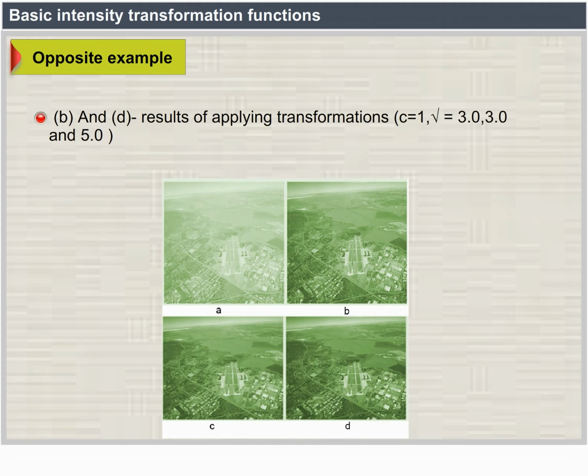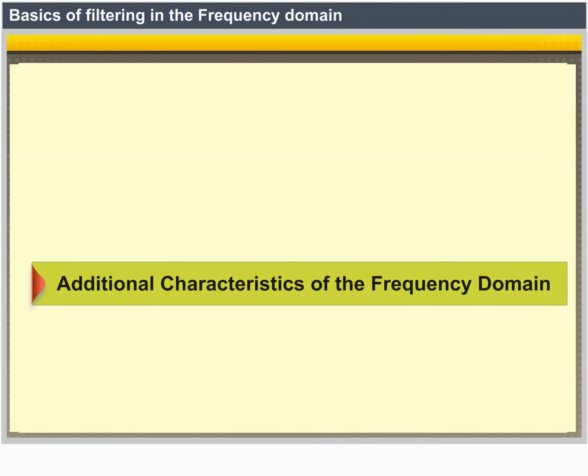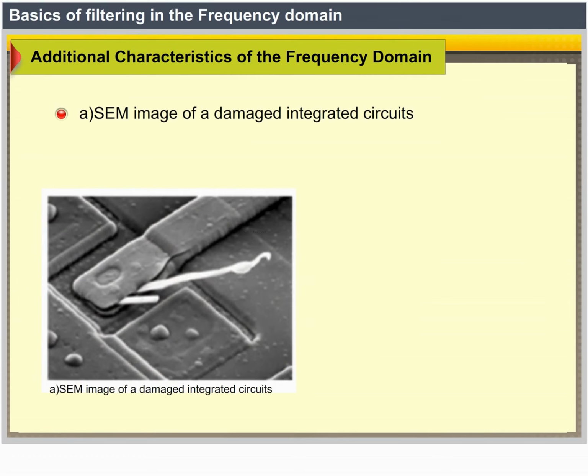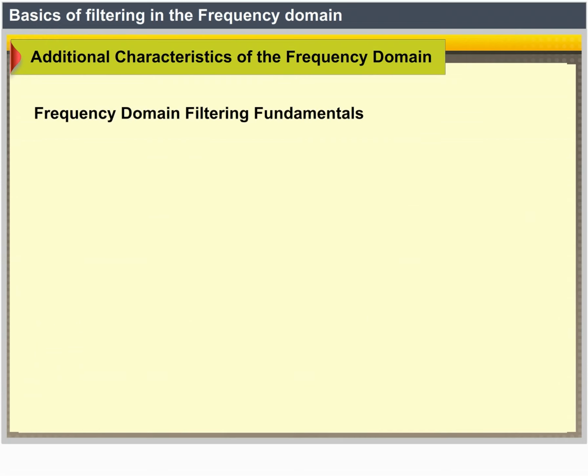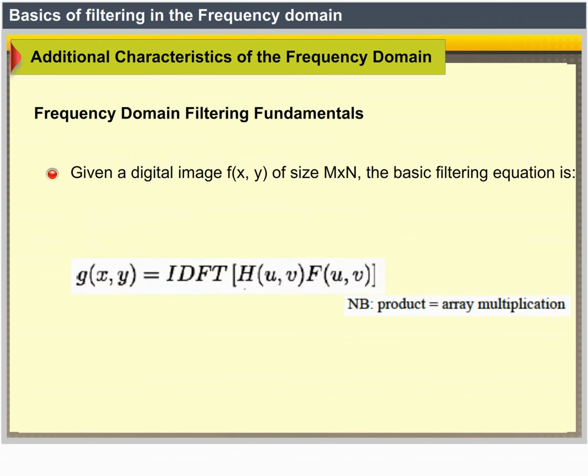The basics of filtering in the frequency domain. Additional characteristics of the frequency domain. SEM image of a damaged integrated circuit. Frequency domain filtering fundamentals. Given a digital image f of x, y of size M by N, the basic filtering equation is as shown on the screen, where g of x, y represents the filtered output image, IDFT the inverse DFT, and H of u, v and F of u, v the filter function and image transform.